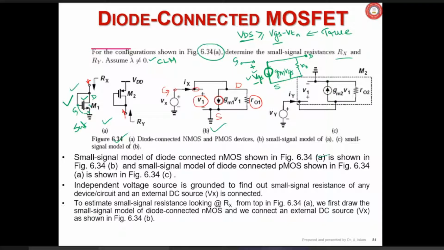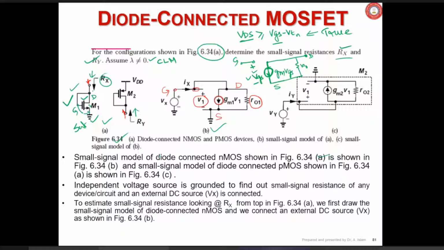Now from this MOSFET model, we have to find the small signal resistances Rx as well as Ry. Rx is the resistance looking down in this direction, and Ry is the resistance looking in the other way.